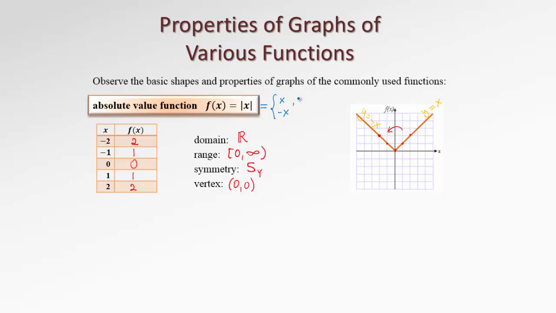It is x if x is positive or 0, and it is -x if x is negative. So in a way, we see two pieces of simple linear functions that we know very well, but they are connected at the point (0, 0). We create a new function by using one piece from one function and the other piece from the other function. You will learn later that such functions are called piecewise functions.